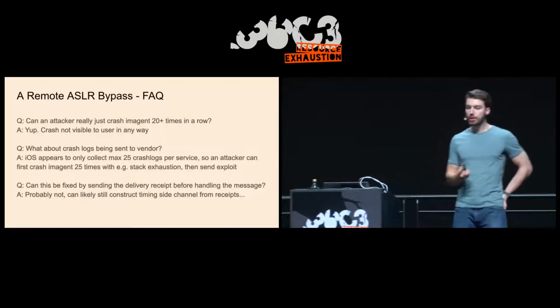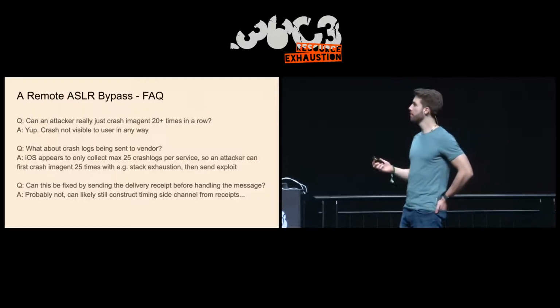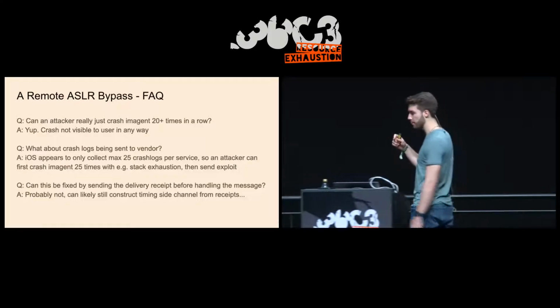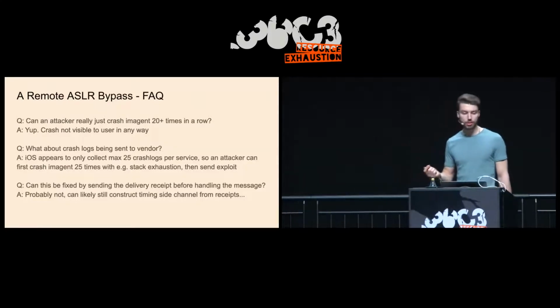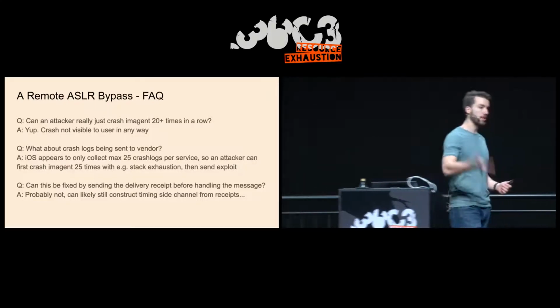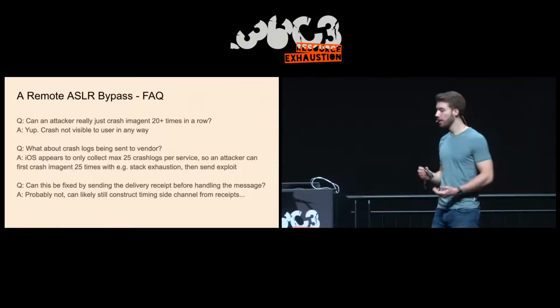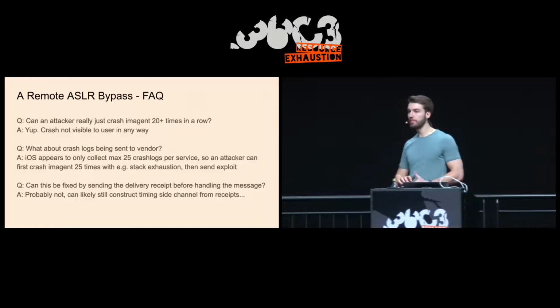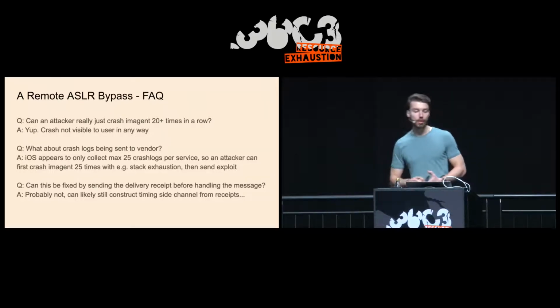Third question is whether this can be fixed by simply sending the delivery receipt very early on. I think this was my first suggestion to Apple, to send this delivery receipt right at the start. Eventually I figured out it doesn't really work, because you can still make some kind of timing side channel.